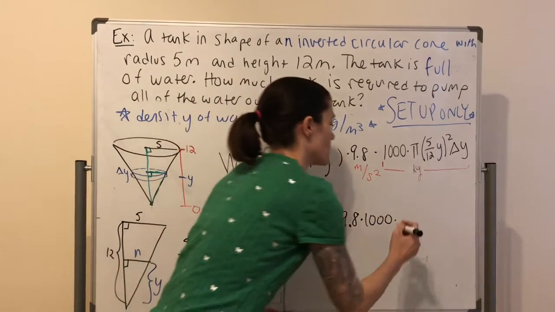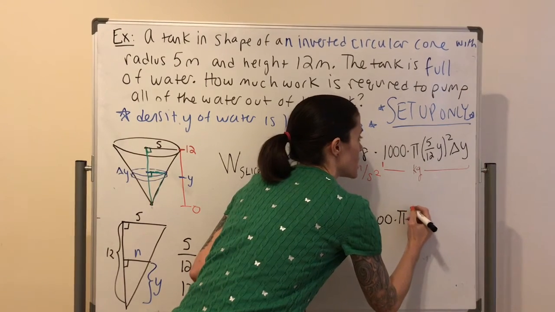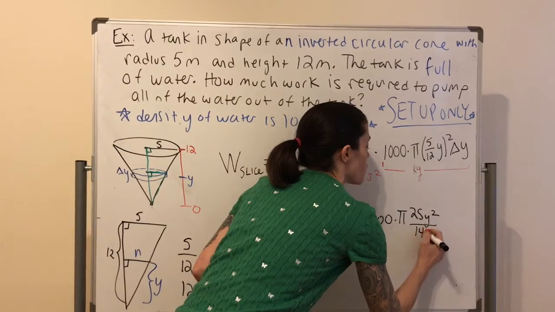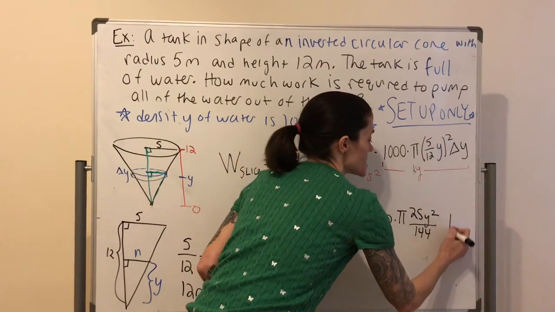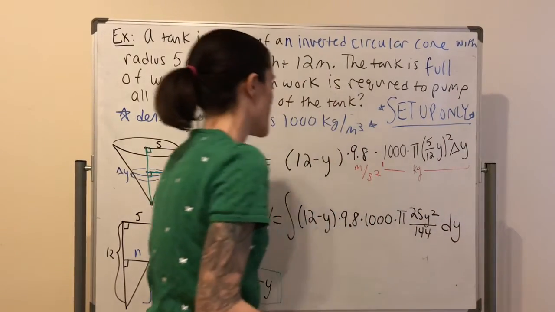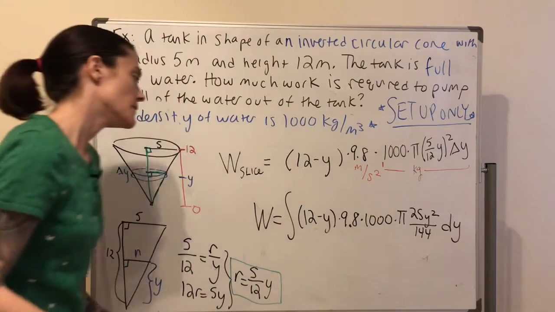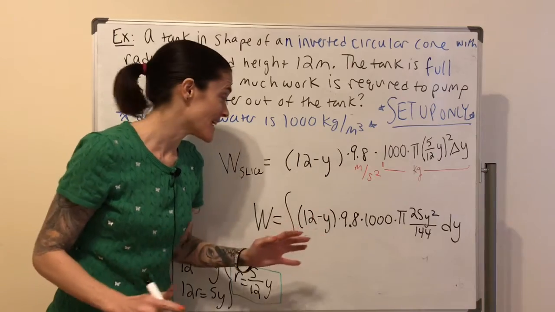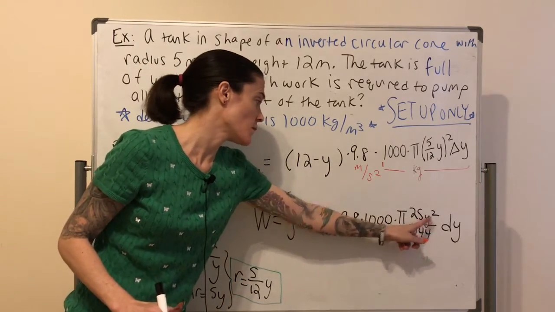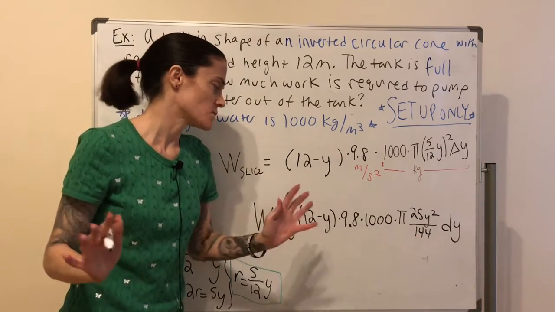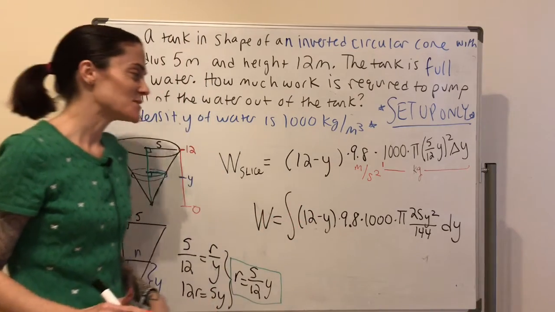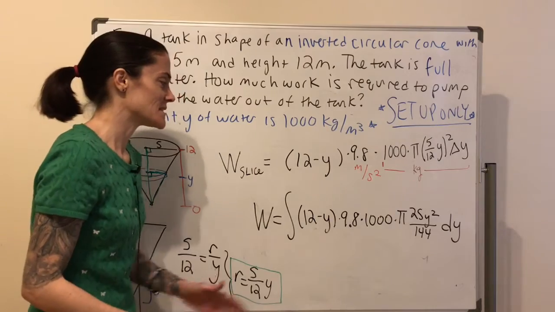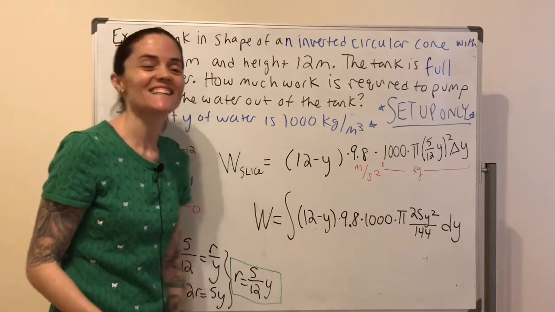We have pi and then 25 y squared over 144, if you want to square that, or I could have just left it as it was. It's fine. Still, this would all be just polynomial to integrate, right? We have all these constants, and then we have a y squared and a 12 minus y multiplied. It's not too terribly bad of an integral. The numbers might not be the nicest because of all these constants.